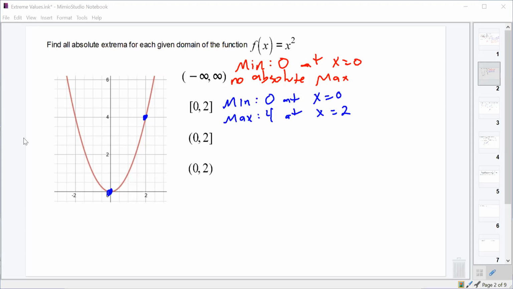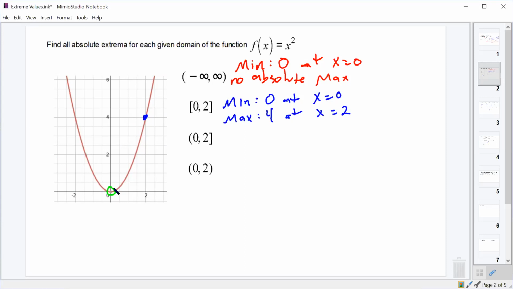Yep. All right, now, what if we open up this interval here and say this is now an open interval on the 0, so half open, open on the 0, and closed on the 2? Do we have an absolute minimum? No, because we never actually get to that value of 0, right?